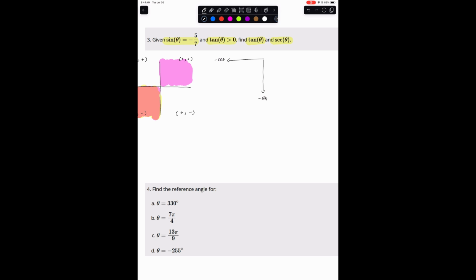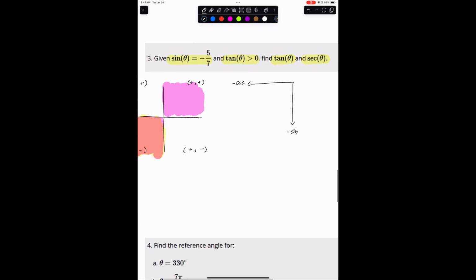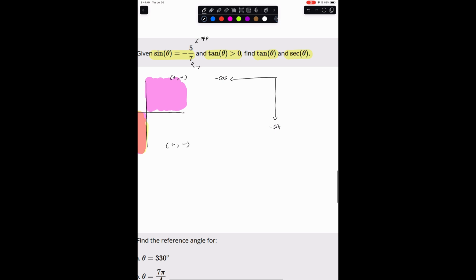I know that my sine is negative 5 over 7. That means my opposite is negative 5, and my hypotenuse is positive 7. So I'm going to go 5 down. So we have a negative 5 here. And then I have 7.